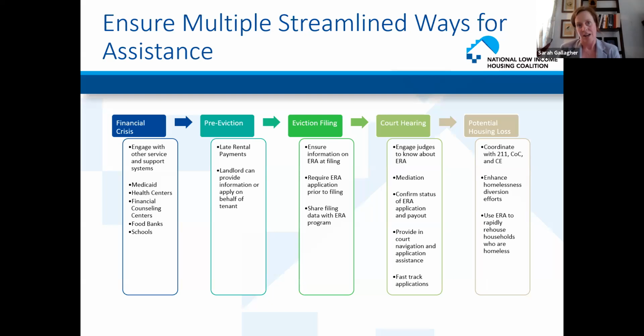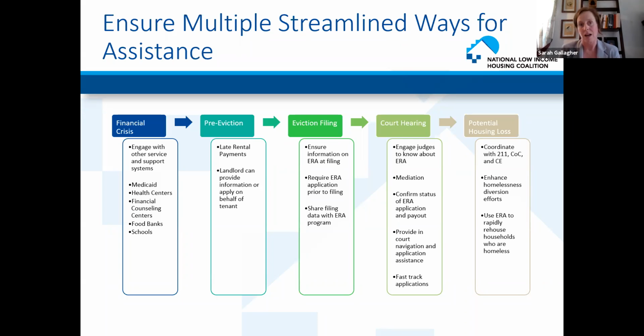Or you can fast track a new application that happens in the court so that you have timely payment so that the filing doesn't have to go any further. If someone is already experiencing potential housing loss, you might want to be coordinating with your COC, your coordinated entry, and having enhanced homeless diversion efforts, so that you can really coordinate and prevent that entry into shelter or into homelessness.